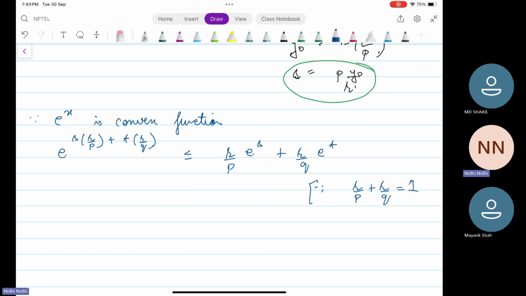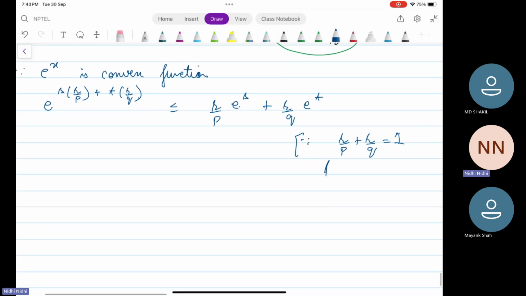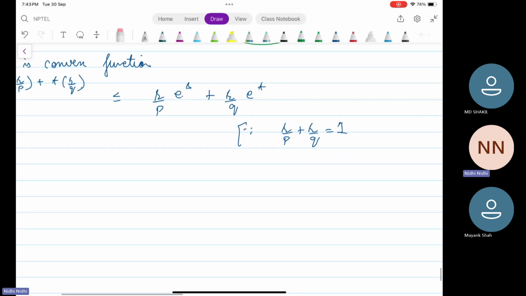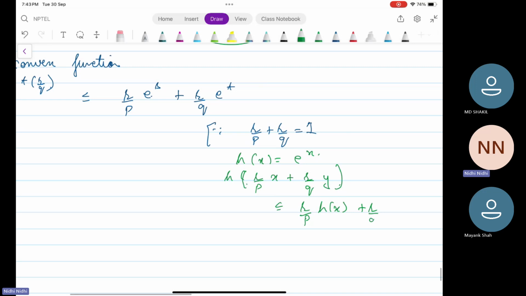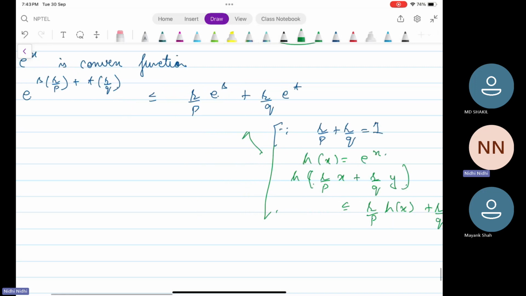And we know that for convex functions, if this function h(x) was e to the power x, by convexity of the exponential function, I can write h of (r by p times x plus r by q times y) as less than or equal to r by p times h of x plus r by q times h of y. That's what I have done here.